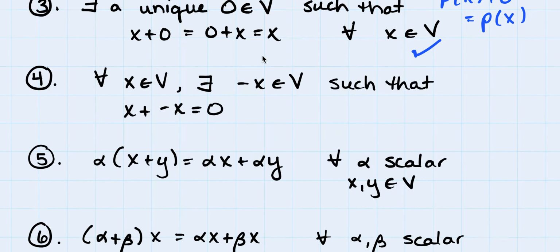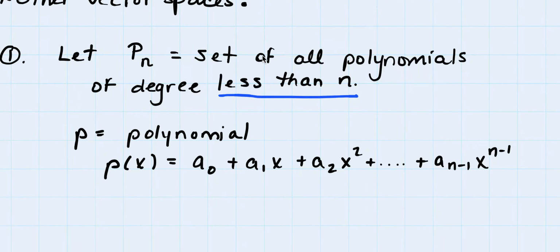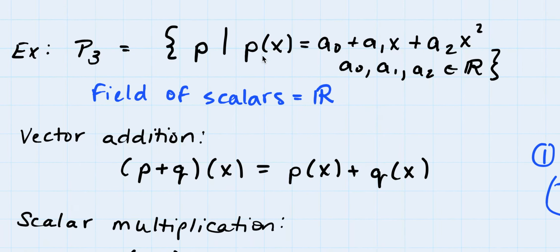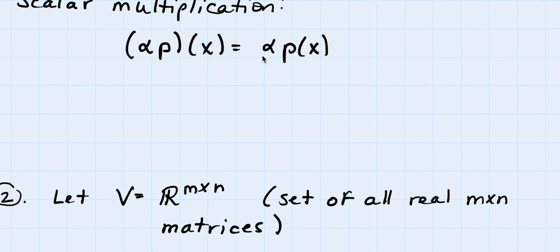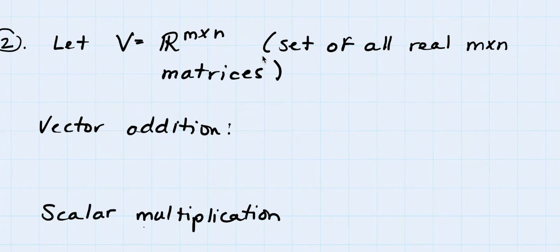So let's scroll back down. Let's look at another example. We can talk about matrices. Matrices, n by n matrices, they are a vector space.